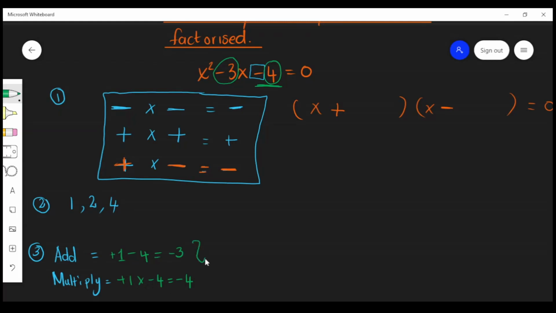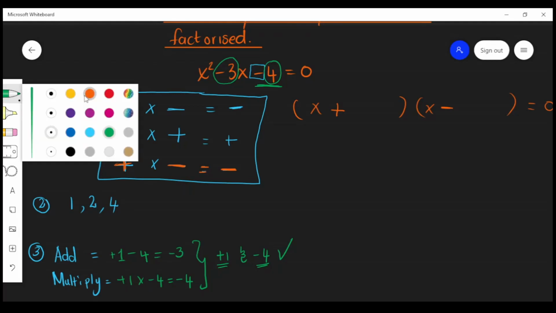Therefore, the positive 1 and the negative 4 combo is the combo that we need in factorizing this quadratic equation.